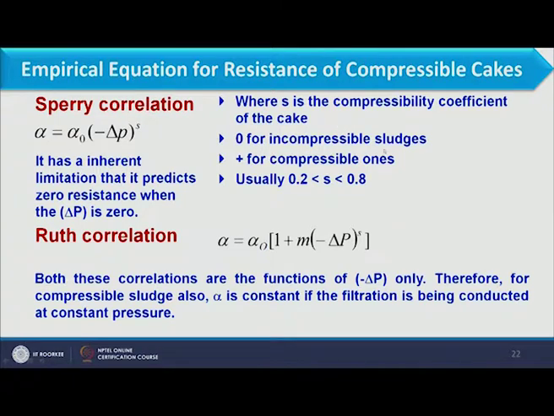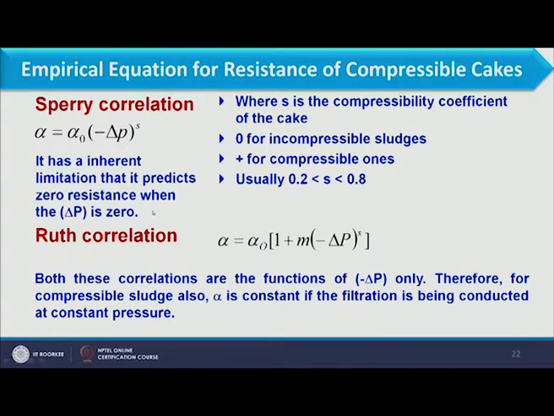It should be 0 for an incompressible cake, and should have a positive value for a compressible one. Usually it varies from 0.2 to 0.8. Now if you see this particular expression, it has the limitation that if the pressure drop is 0, it will predict a 0 value of alpha.